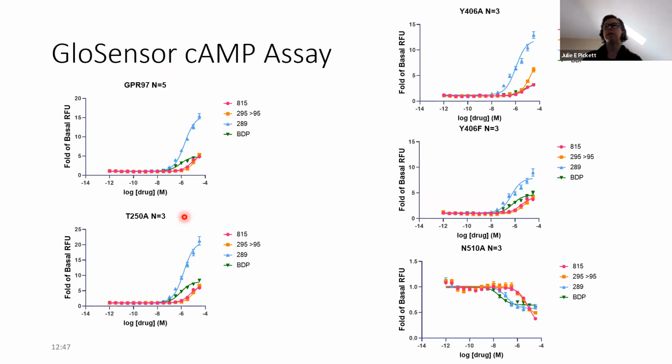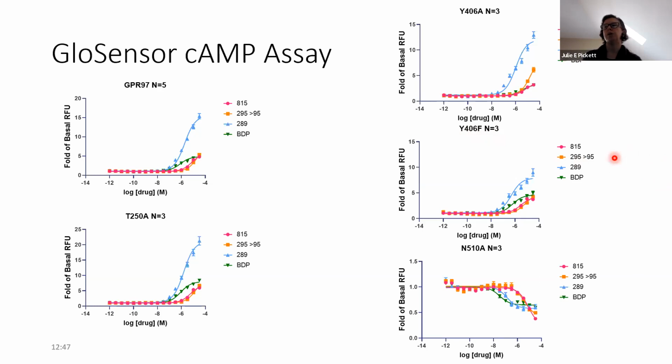We didn't see any impact from that on activity in this assay. When the tyrosine was modified to an alanine, the beclomethasone dipropionate activity was greatly impacted. 289 was somewhat impacted when tyrosine was modified to a phenylalanine at this position.